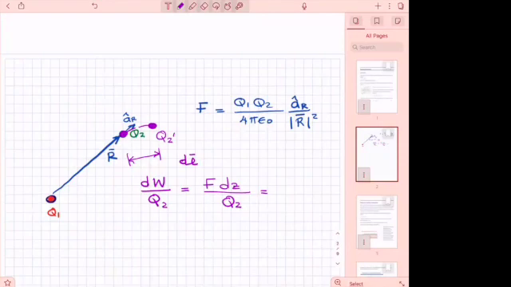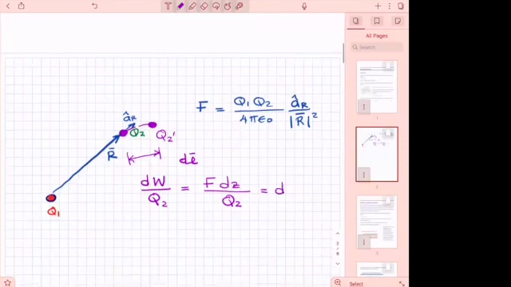It's going to give me what I call a change in potential. So if I want to move a charge over a small distance, that small amount of work that I put in, dw, is going to be F dl, the force times dl.